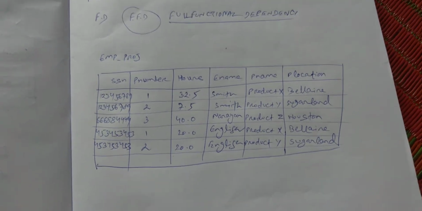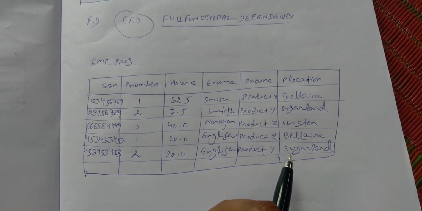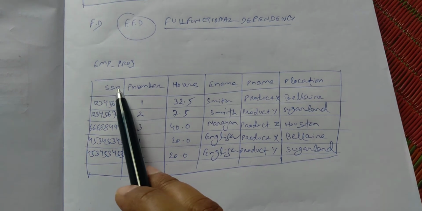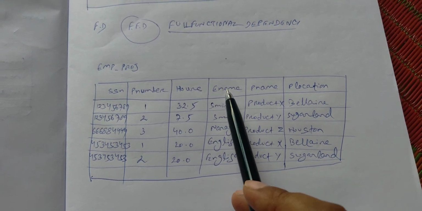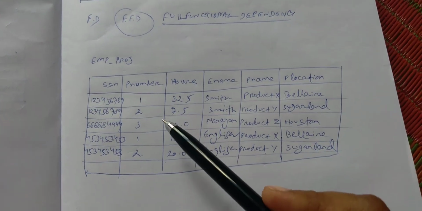Okay, assume that you have this particular relation with 6 attributes: SSN, P number, hours, P name, P location. Okay, this is an example relation.